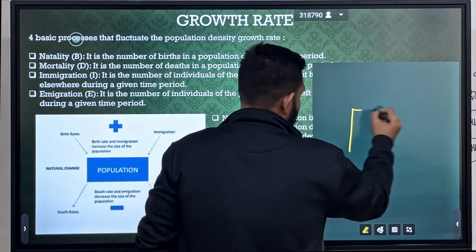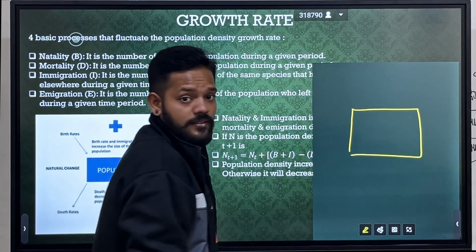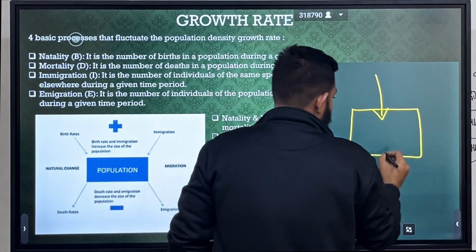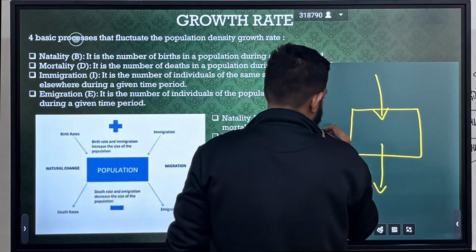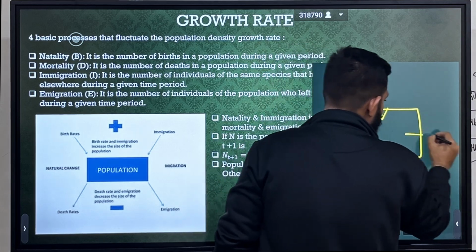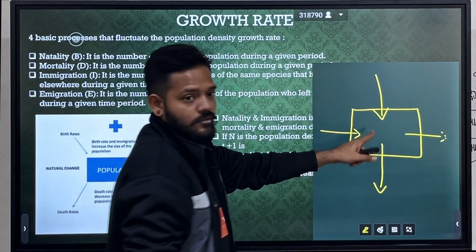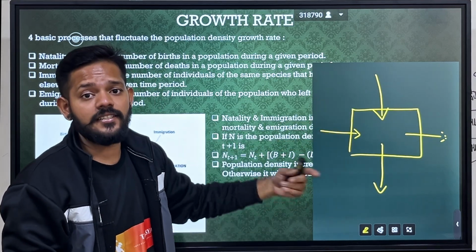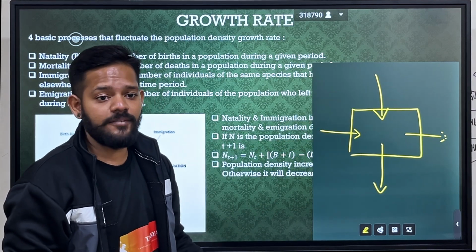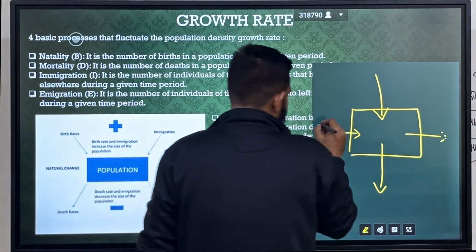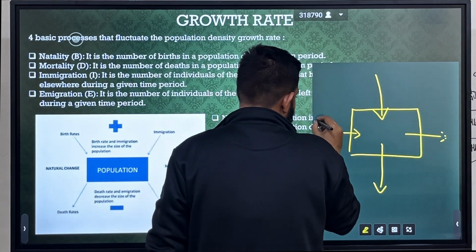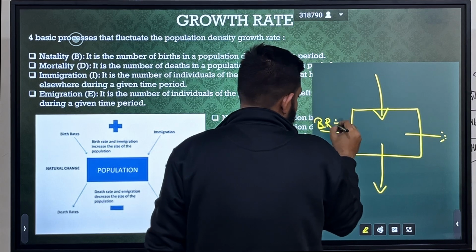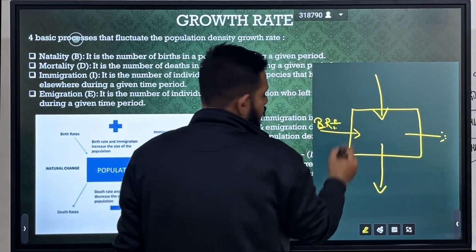It is a particular area, and these arrows represent the entry of different population. So I am denoting this line with birth rate. It is positive to the population growth.